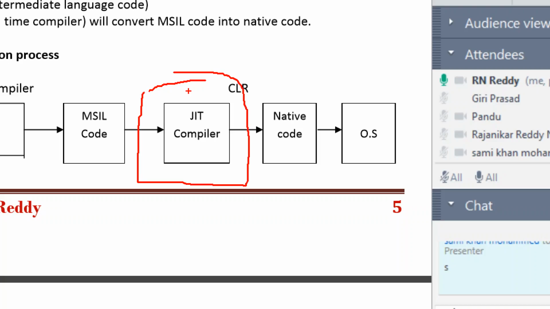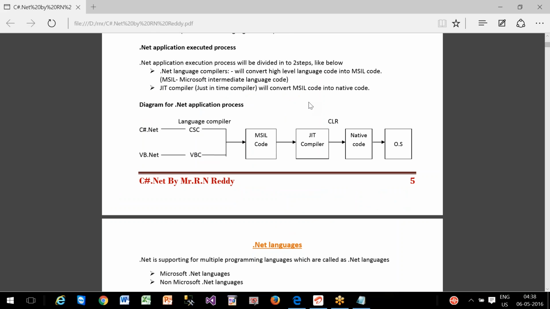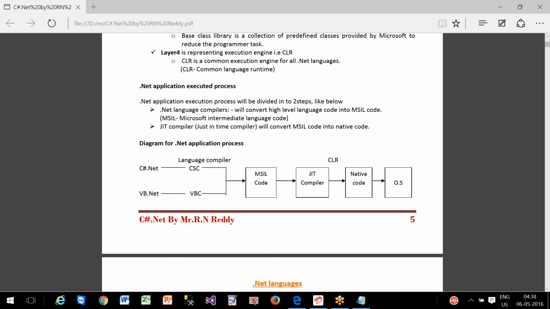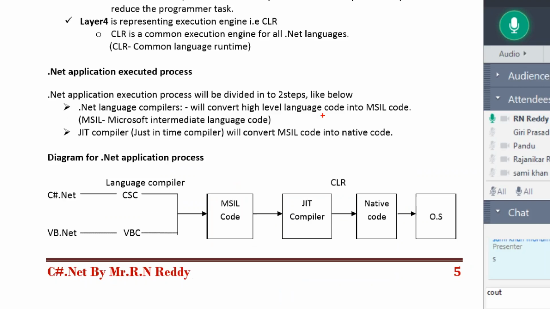The duty of the JIT compiler is to convert MSIL code into native code. This is step 2 in the .NET application execution process. With this we can say the .NET application execution process is divided into 2 steps.